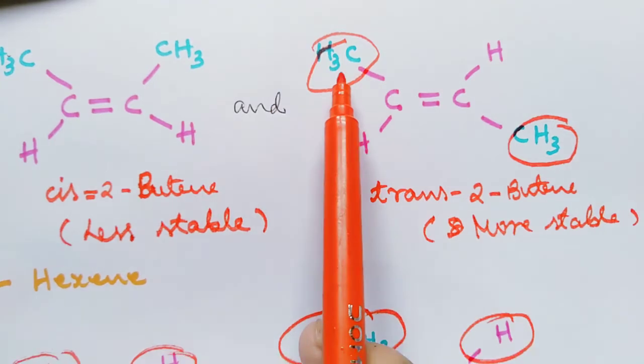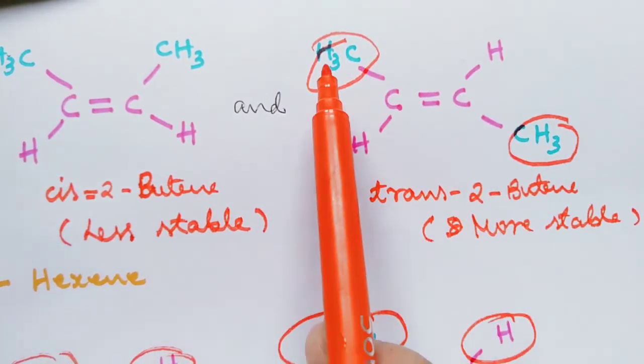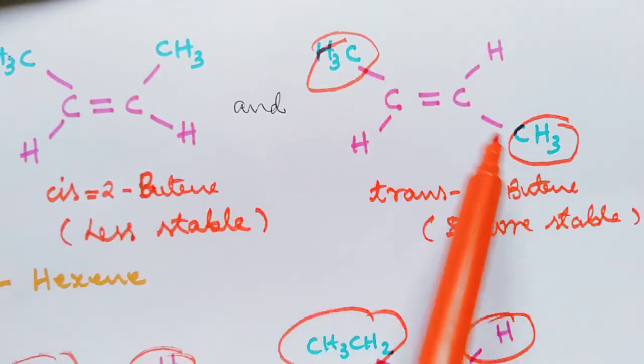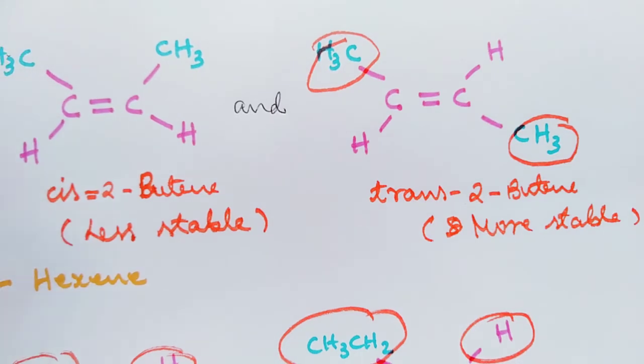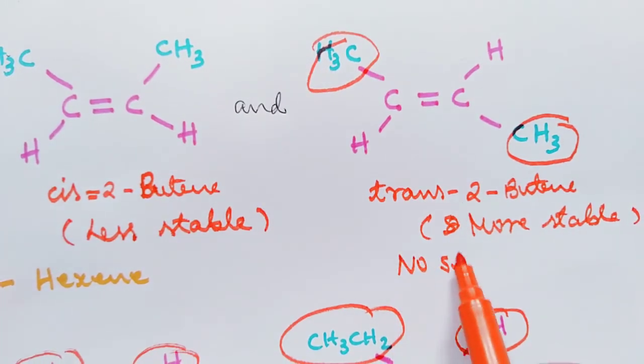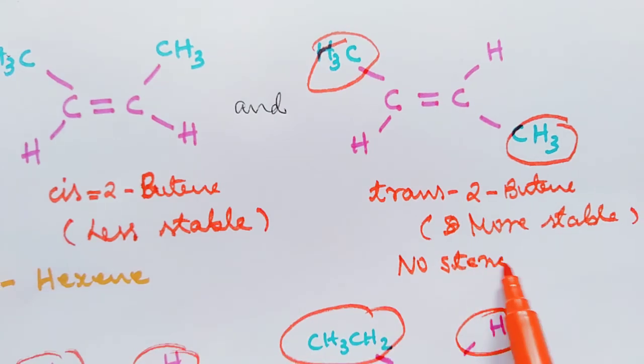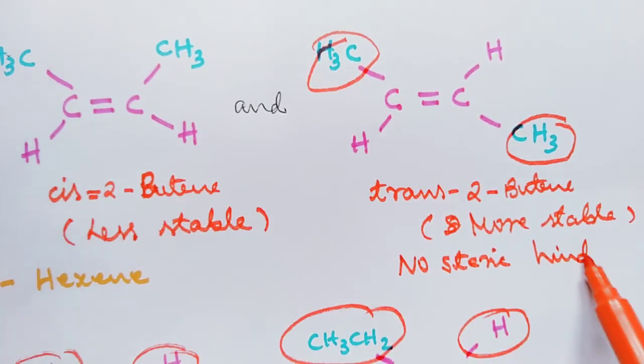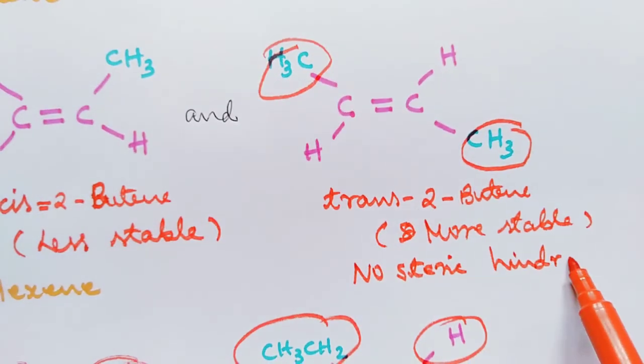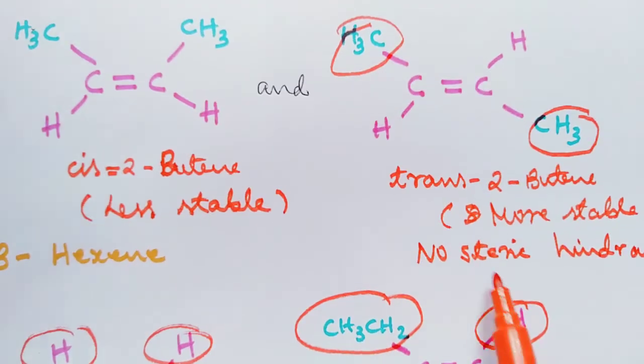Because we see that in the trans 2-butene, similar groups lie on the opposite sides of the double bond, right? Because of that, there is no steric hindrance. That's why it is more stable.